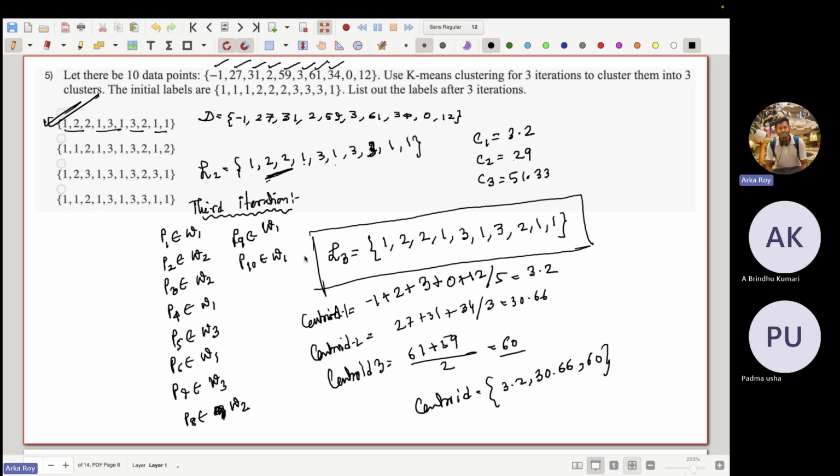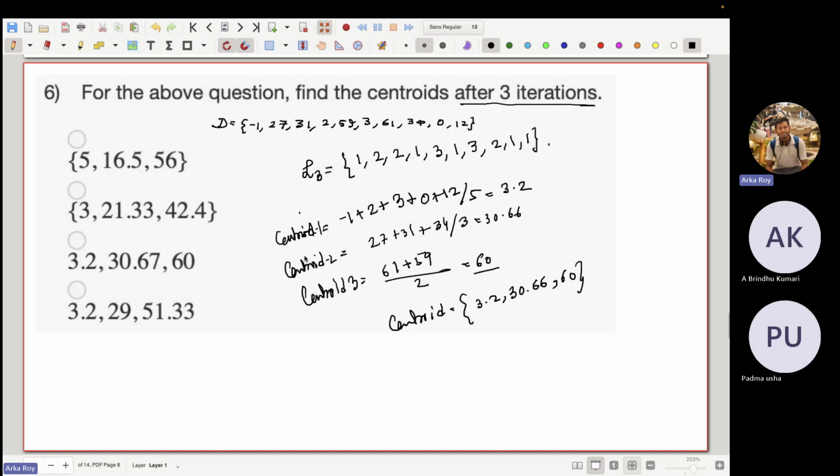We got that centroid 1 boils down to 3.2, centroid 2 is 30.66, and centroid 3 is 60. Let us scan the solution. So 3.2, 30.67, they have just taken the approximation, and then it is 60. So it is the correct answer. Rest of them are incorrect.